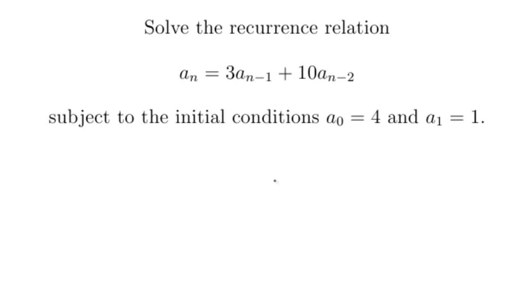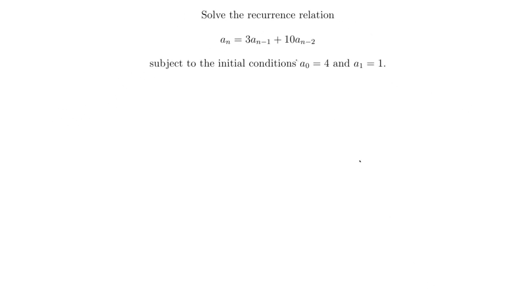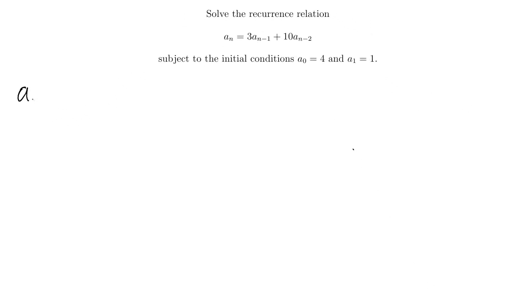So let's get started. To use the characteristic root technique, the first step is to rewrite the recurrence relation having all the terms on the left-hand side equaling 0. So I'll just subtract the 3a_{n-1} + 10a_{n-2} to the other side. That gives me a_n - 3a_{n-1} - 10a_{n-2} = 0.